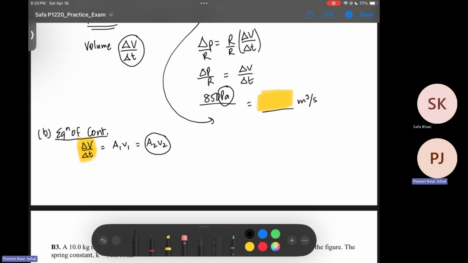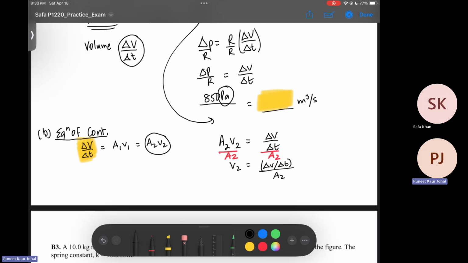A2 V2 is equal to the volumetric flow rate, so to find V2 we will just divide by A2 on both sides, right? So they're just doing delta V by delta T all over A2. It's just rearrangement. If you don't like rearranging, you can just input the numbers and then solve from there.